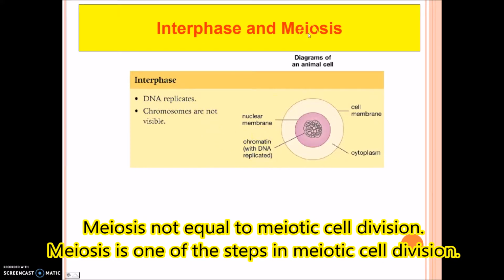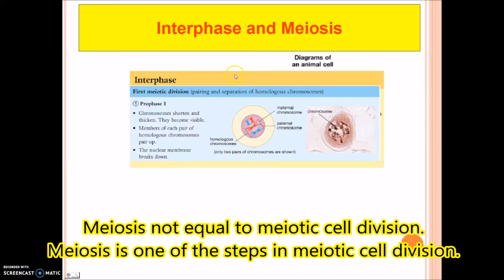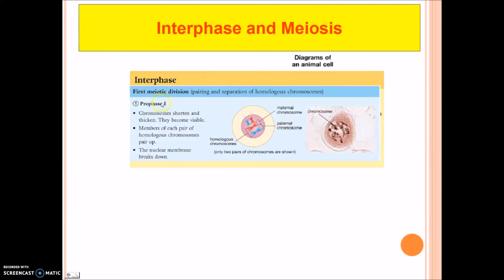For meiosis, actually for meiotic cell division, we have two rounds. The first round is the first meiotic cell division, so we have prophase 1, metaphase 1, anaphase 1, and telophase 1.